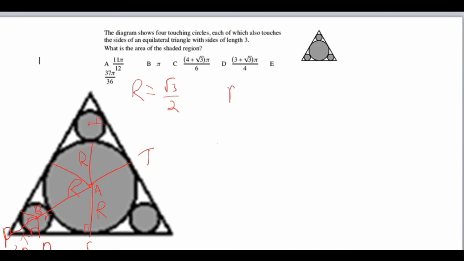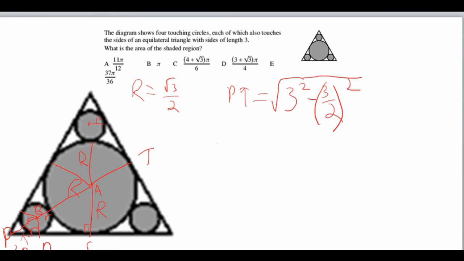So PT is equal to the square root of 3 squared minus 3 over 2 squared.